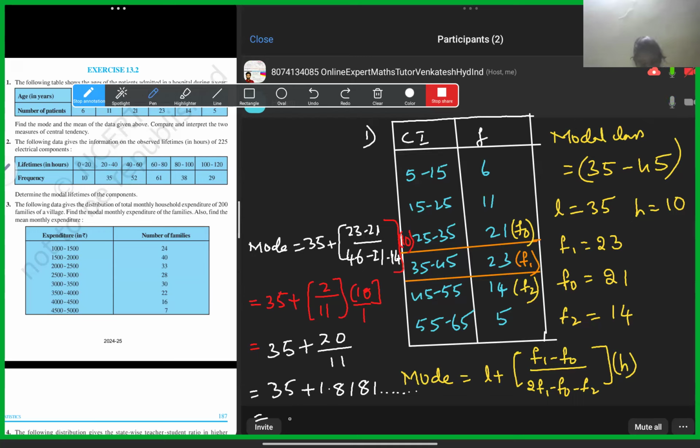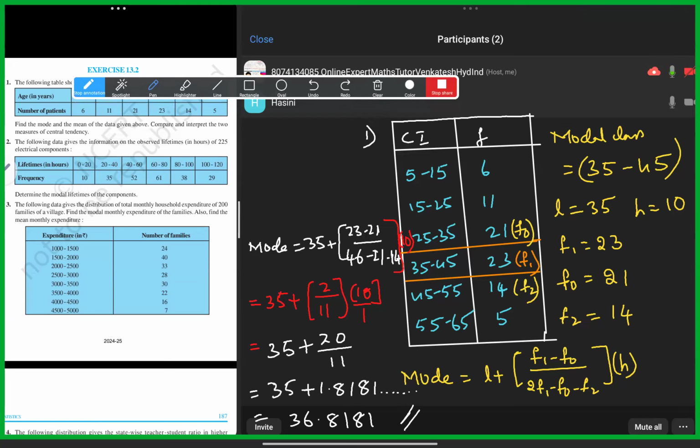So the answer will be 35 plus 1.8181, which becomes 36.8181, Hasni. Maximum they'll give up to 4 decimals or 2 decimals. They may give 36.82, because the third decimal is more than 5, so we can add 1 to the second decimal if we want to round off the answer. So the mode is 36.82. The modal age is 36.81, Hasni.